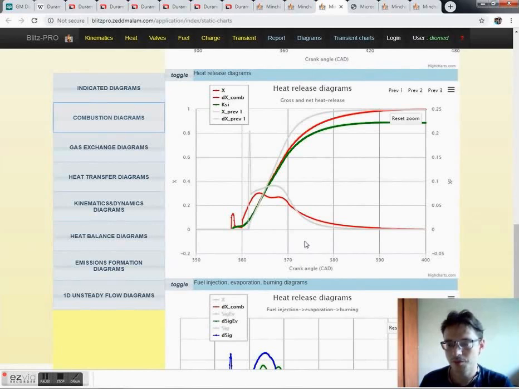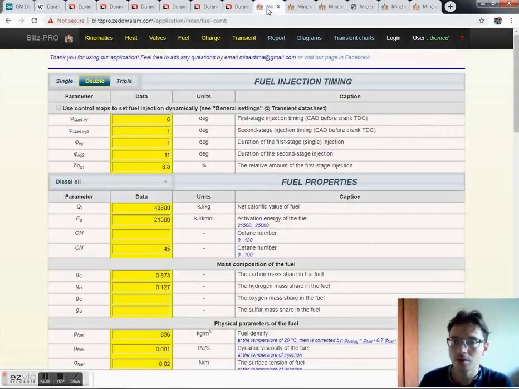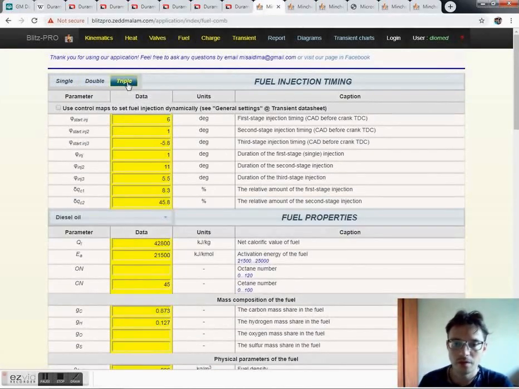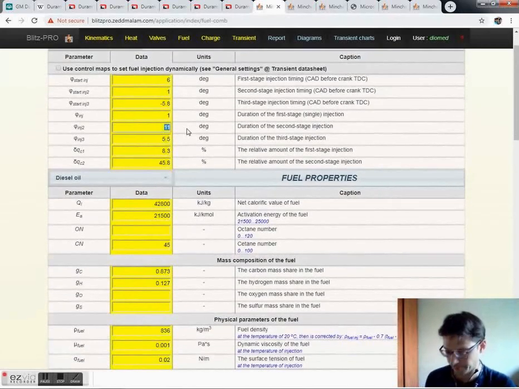Okay, so another option is that we can also make our combustion process better by switching to the triple injection. So we can just split the main injection into two equal portions.